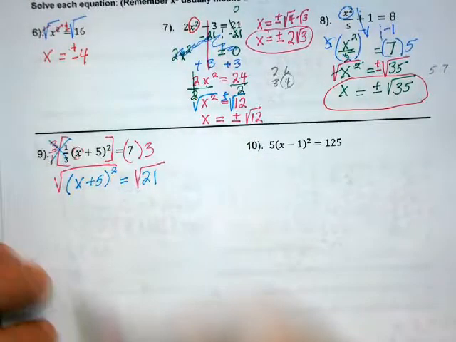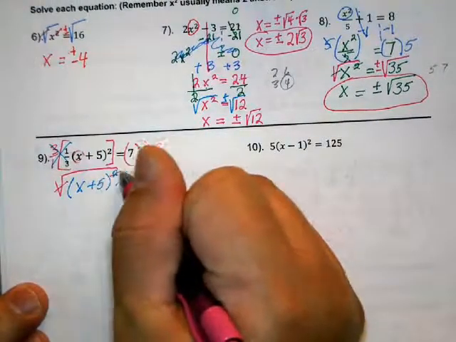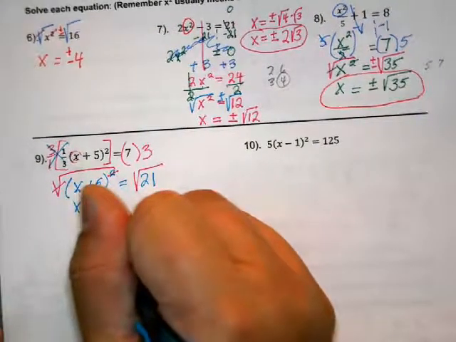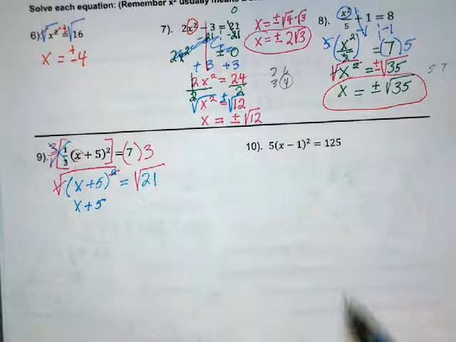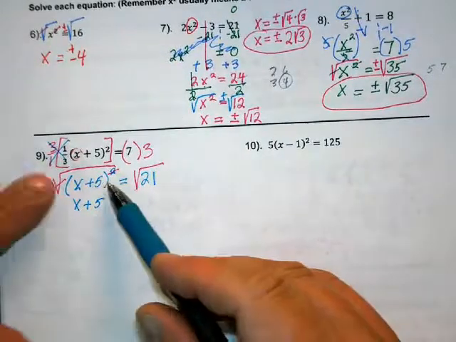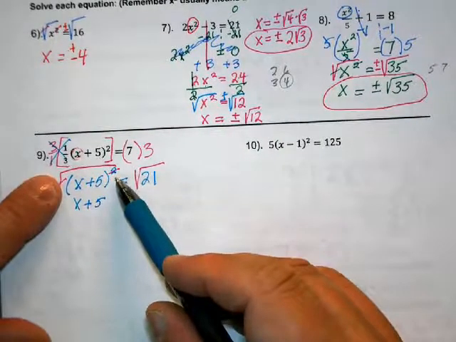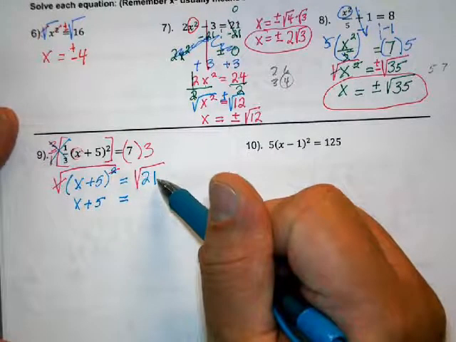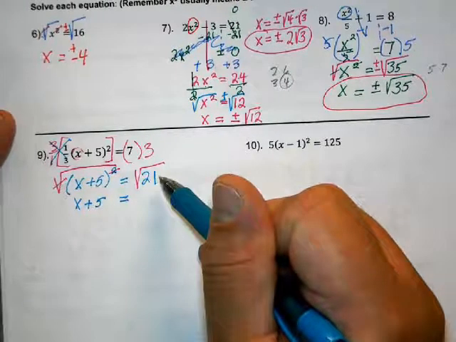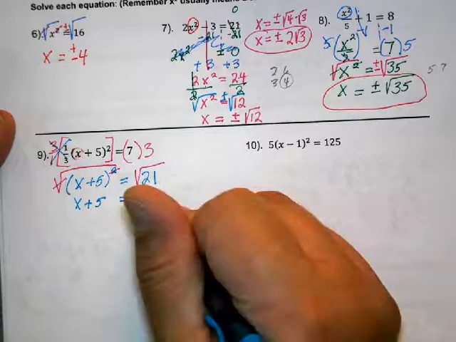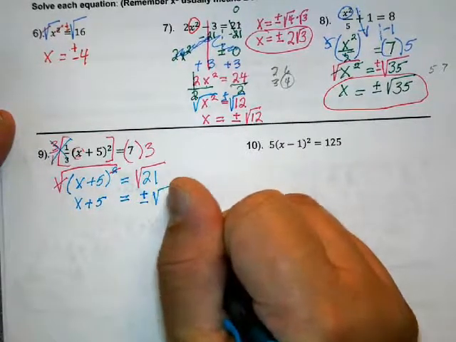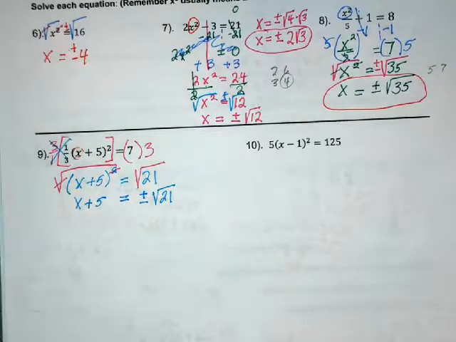Now I'm left with the x plus 5, and I can remove the parentheses because there are no other mathematical operations with it. Equals this, there's only 3 and 7 as the factors, so it's simplified. Don't forget your plus and minus, square root of 21. Okay, I still have to get x by itself, right?